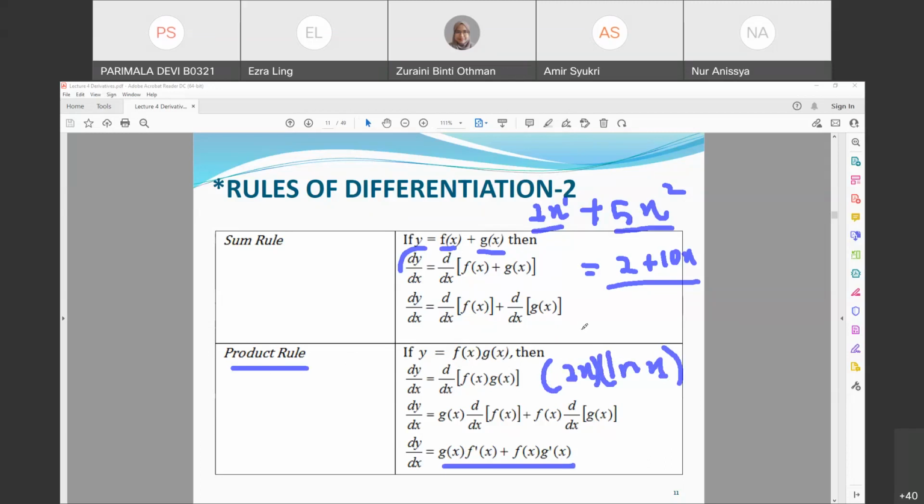Kita ambil contohnya ini ialah kamu punya G, yang ni kamu punya F, dan kita bezakan macam ni. Ambil G, bezakan F, plus ambil F, bezakan G. Or previously you learn about U, V prime plus V, U prime, macam tu. Any question? So far so good?